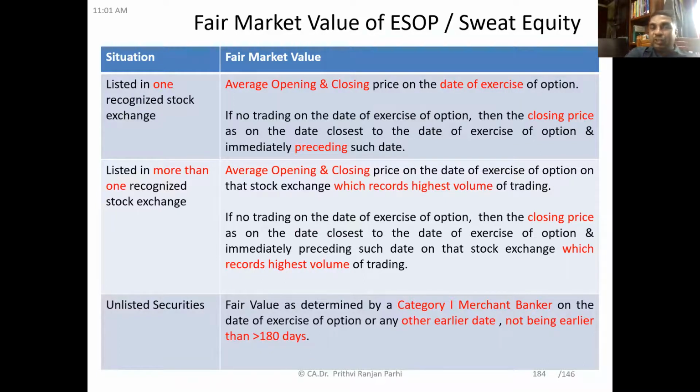If on that date there is no trading, then the closing price on the date closest to the date of exercise of the option, and immediately preceding such date. So the preceding closing price closest to the option exercising date can be taken. Normally the average of opening and closing price is taken.